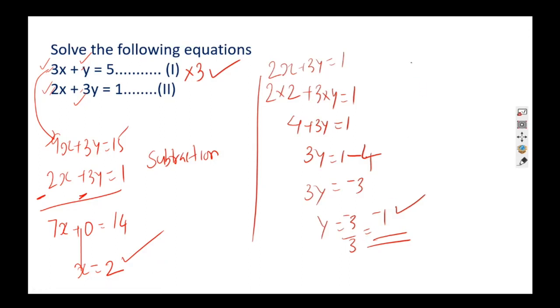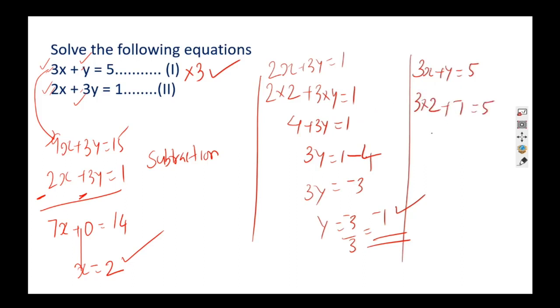Is it true? Shall we check? We can check it in the other equation. Understood? We can check and find out whether it is right or not. For our satisfaction, we can simply substitute in the first equation. What is the first equation? 3x plus y is equal to 5, and we have 3 into 2 plus y, which is minus 1, is equal to 5.